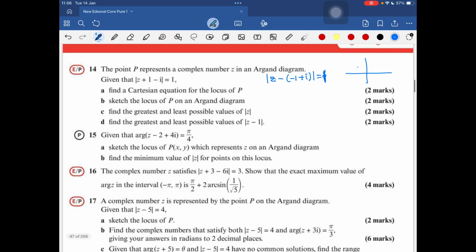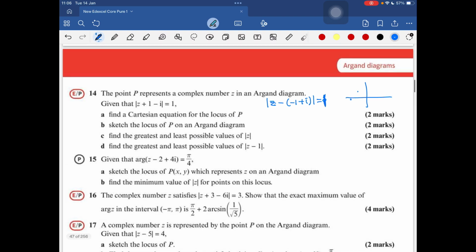So negative 1 comma 1, and the distance should be 1. So this is a circle like this. So the Cartesian equation, this is the circle equation: x plus 1 squared plus y minus 1 squared should be 1. The locus, not x, real part and imaginary part.